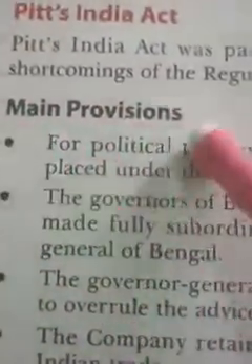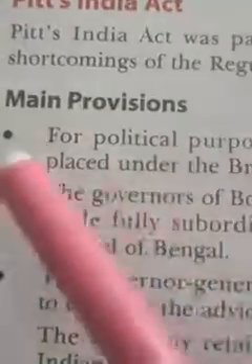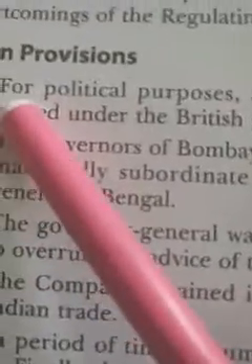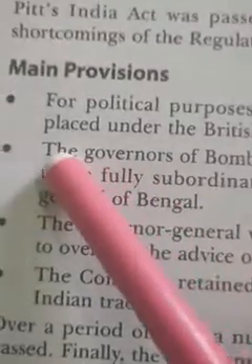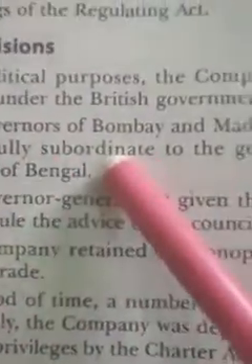So what were the main provisions of the Pitt's India Act? Let's see. The first point, for political purposes, the company was placed under the British government. Second point, the governors of Bombay and Madras were made fully subordinate to the Governor General of Bengal.